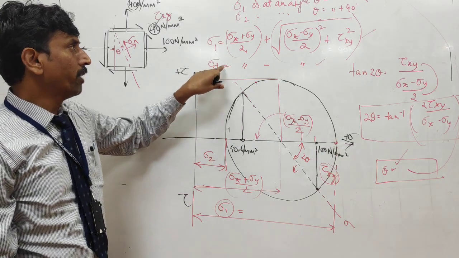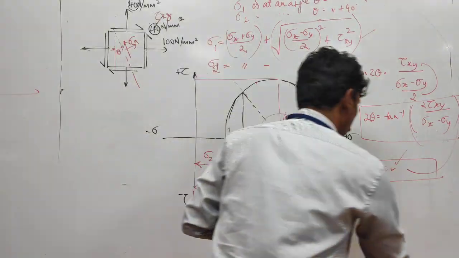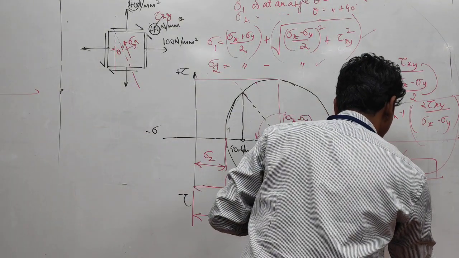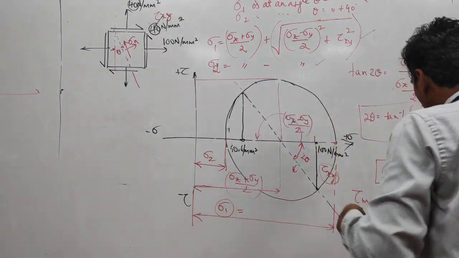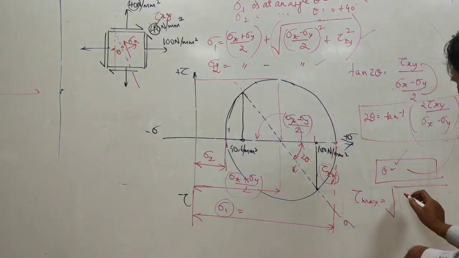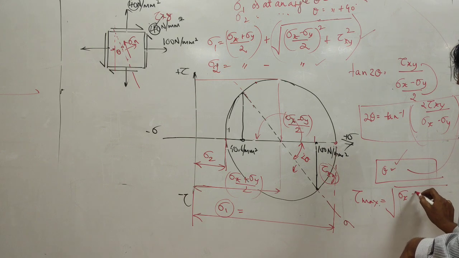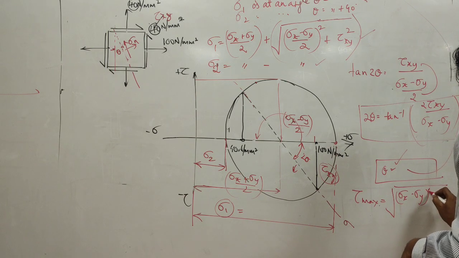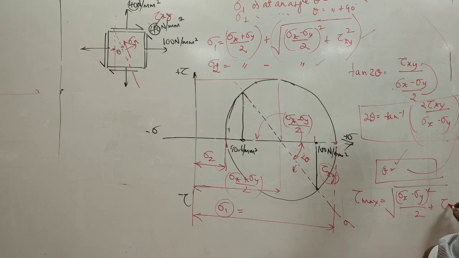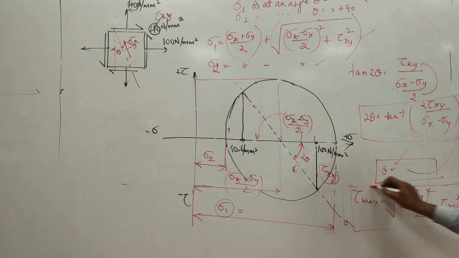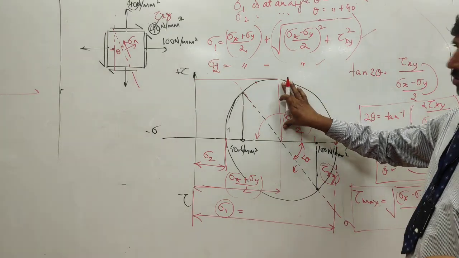So, if you want the maximum shear stress, which is called tau max, it is nothing but the root of sigma x minus sigma y, whole square, divided by 2, plus tau xy whole square. So you just have to know this radius.